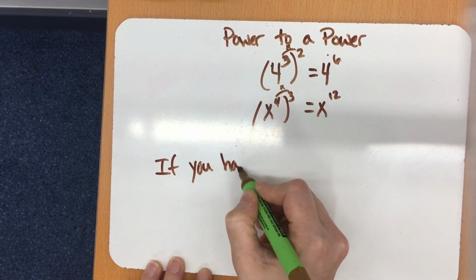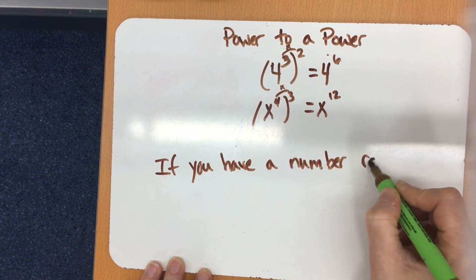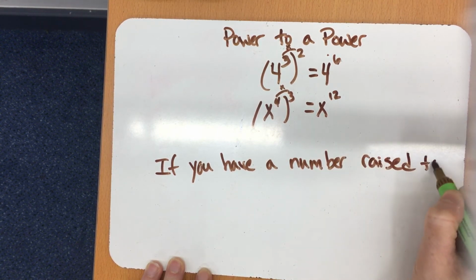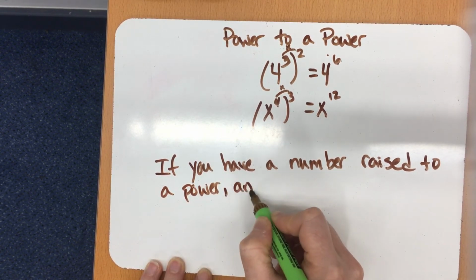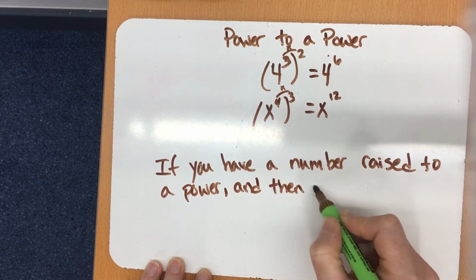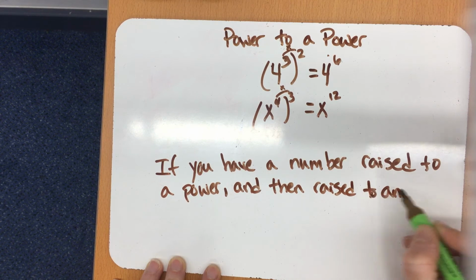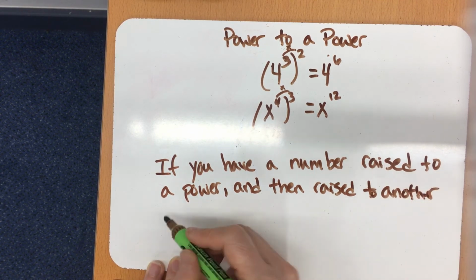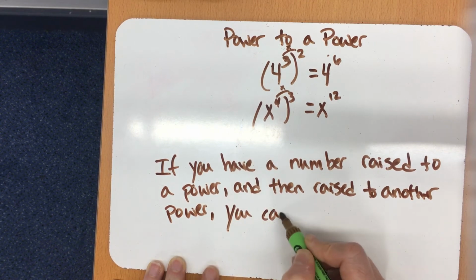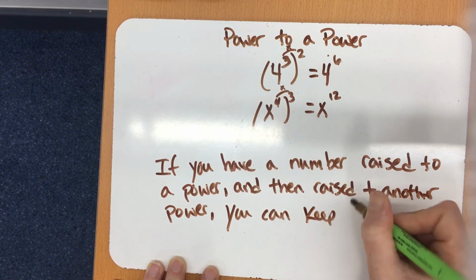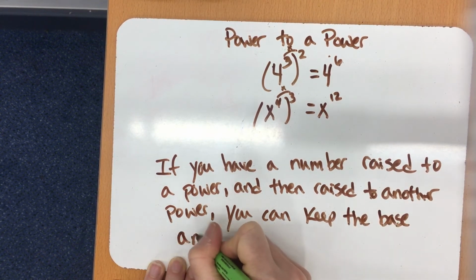if you have a number raised to a power and then raised to another power, you can keep the base and multiply the powers.